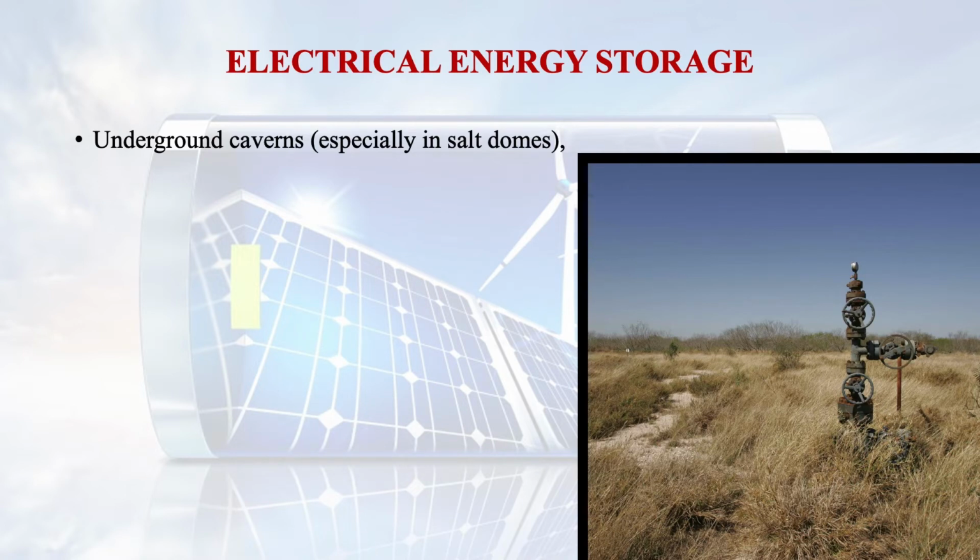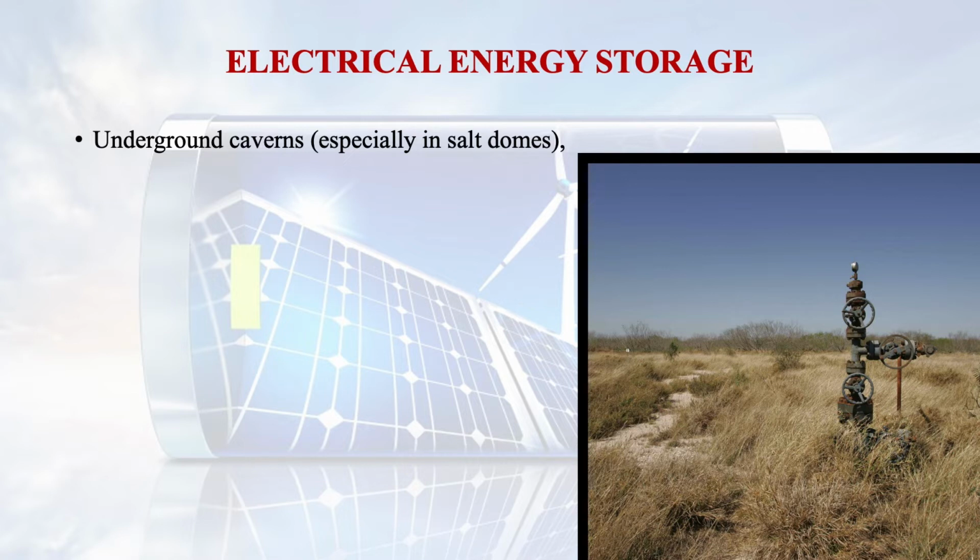Then another way of storing electrical energy is compressed air energy storage. In this system, they use an underground pumped electric system which stores air instead of water, and it can be used later for generating electricity using a modified gas turbine as per the requirement from time to time.